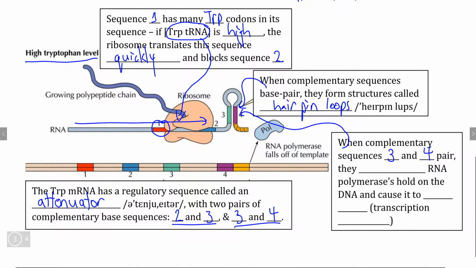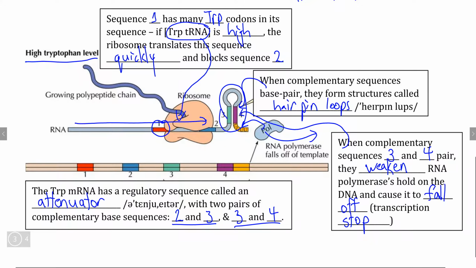When this happens, we can see that RNA polymerase was normally here, and this hairpin loop forming at this time causes RNA polymerase's hold over the DNA sequence that it is transcribing to weaken, and causes RNA polymerase to actually fall off of the DNA molecule because of the tension that is created in the mRNA molecule that it is transcribing, which ultimately causes transcription to stop.